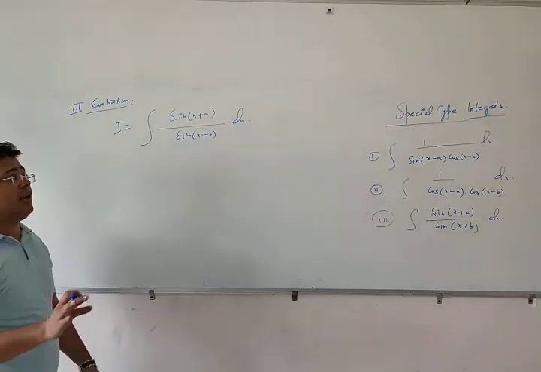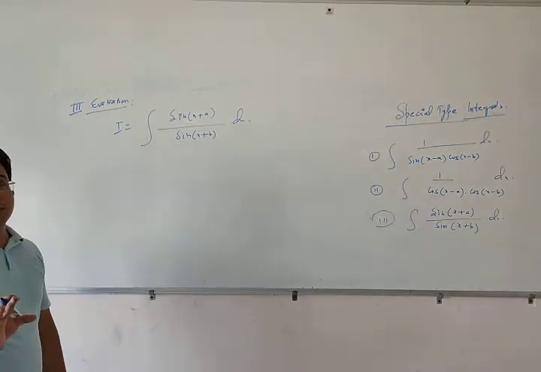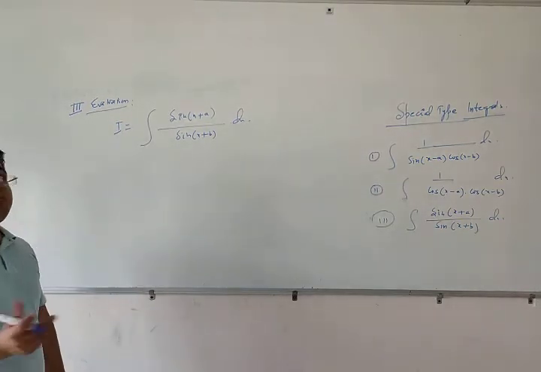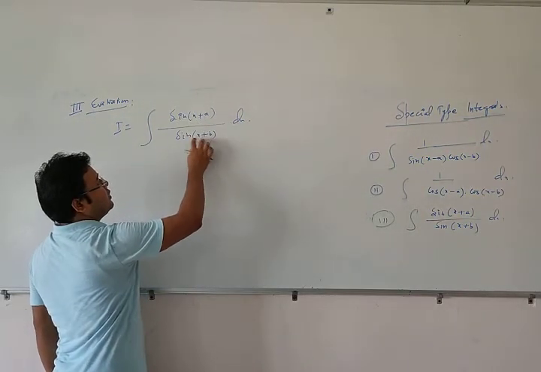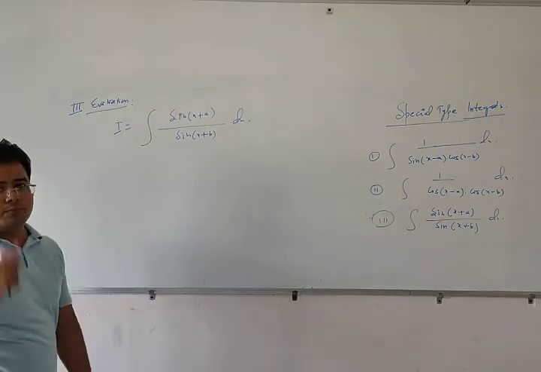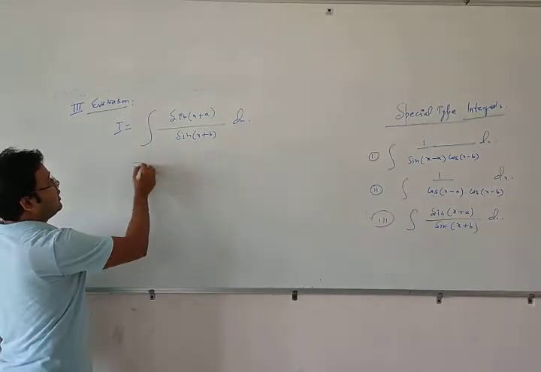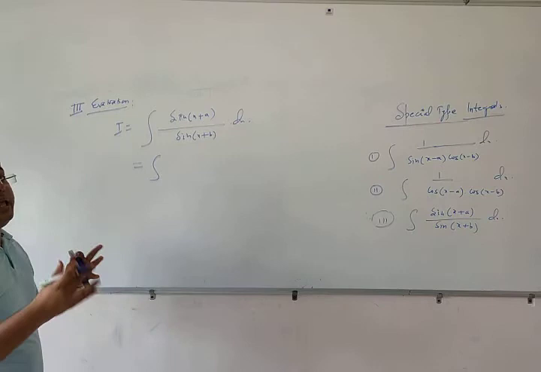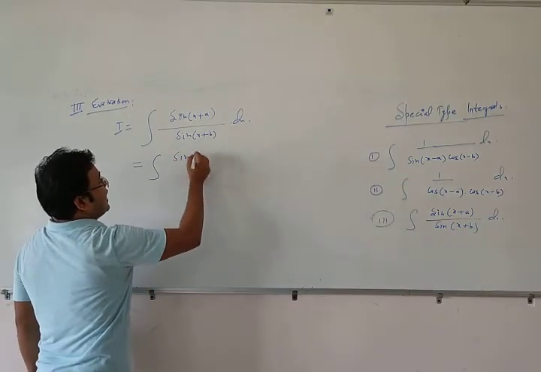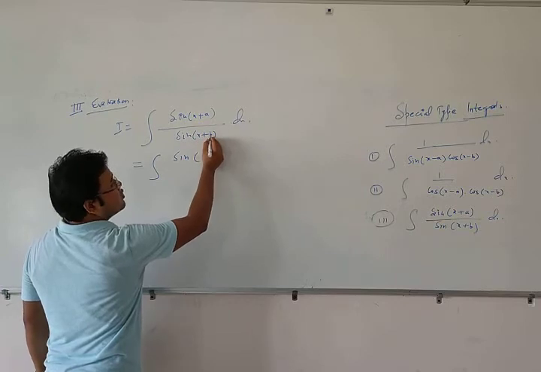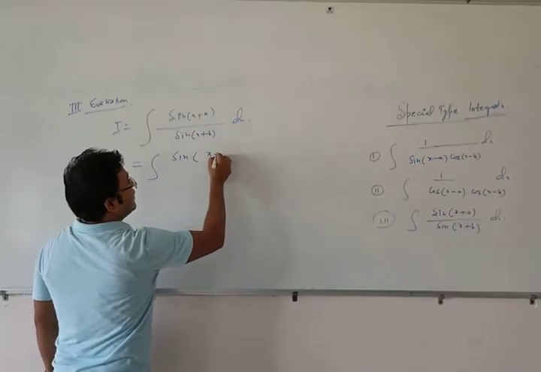So we cannot write some extra constant to evaluate this problem. We have to manage the angle of sin to evaluate this problem. So look here, how can we rearrange the angle? Here the angle is x plus b, so we can write x plus b.